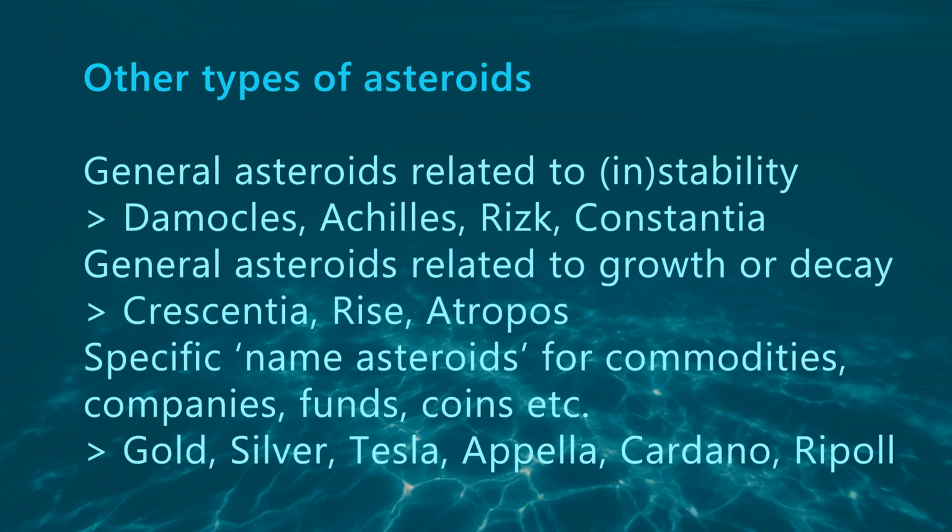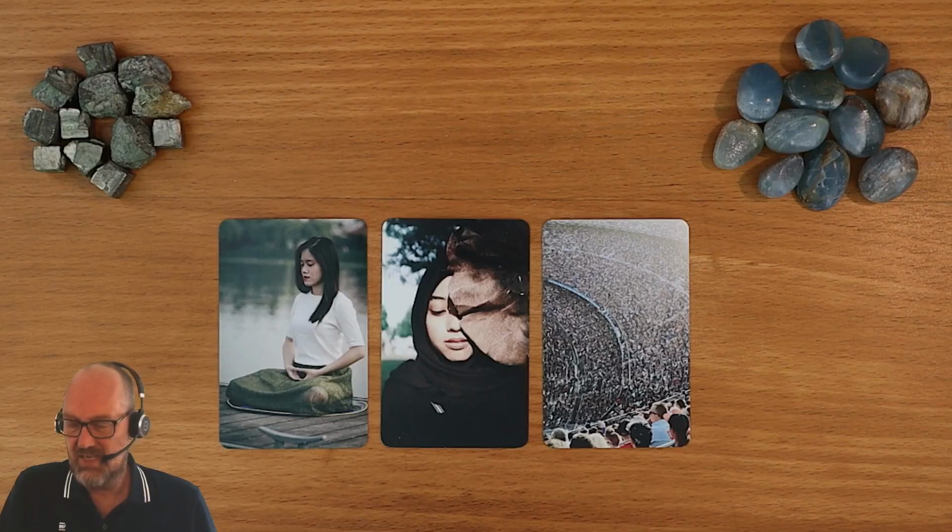And then maybe one of the most important categories is these literal name asteroids for certain commodities, companies, funds, or coins. Gold and silver are excellent examples. Tesla, I don't know why everybody is interested in Tesla in the stock, but no one is looking at the asteroid Tesla.